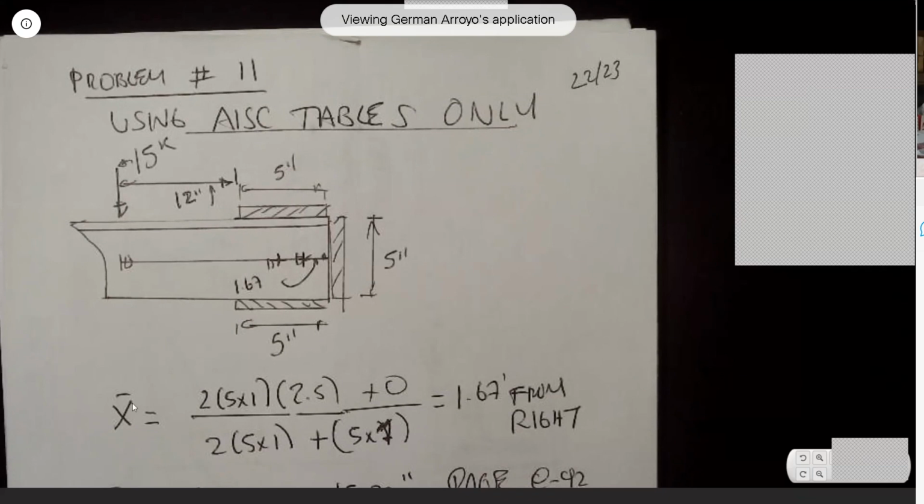So I'm saying, look, I'm using this as a reference. 2 times 5 times 1, this area, 1 times 5, and the distance from this centroid to here, 2.5. This one, because it's a line, doesn't have any distance, over the summation of all the areas. 2 times 5 by 1 plus 1 times 5. 1.67 from the right.